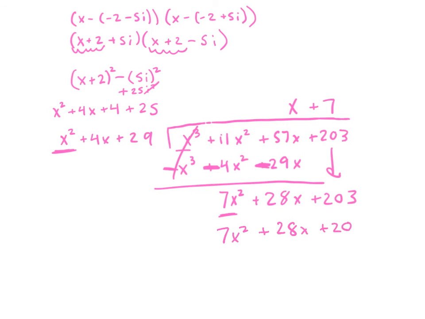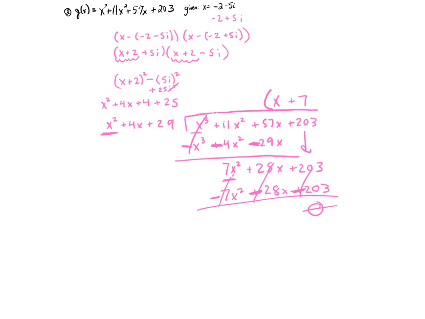Change the sign of everything. So we cancel, cancel, cancel. And we're left with 0. So now x plus 7 is one of our factors. x plus 7 is equal to 0, so x is equal to negative 7. So our three zeros here are negative 7, negative 2 minus 5i, and negative 2 plus 5i.